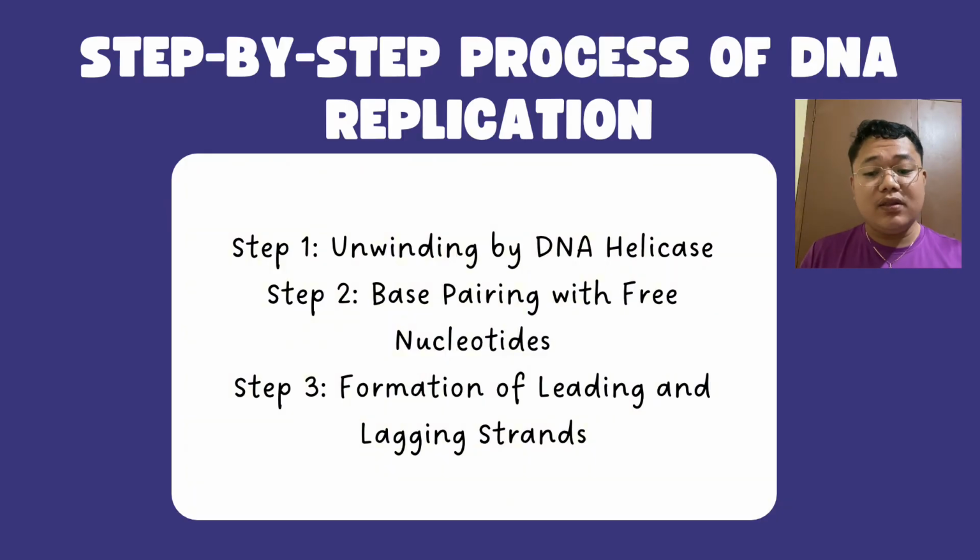The strand that grows continuously in the 5 to 3 direction is called the leading strand. The other strand, which grows slowly in short segments, is the lagging strand. If it goes 5 to 3, it is called the leading strand, but if 3 to 5, the lagging strand.